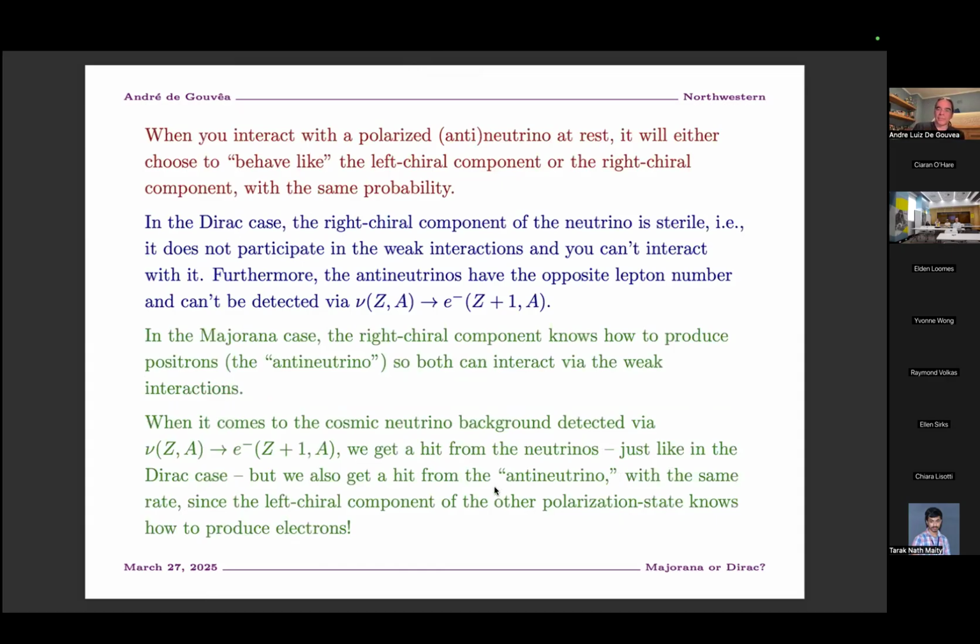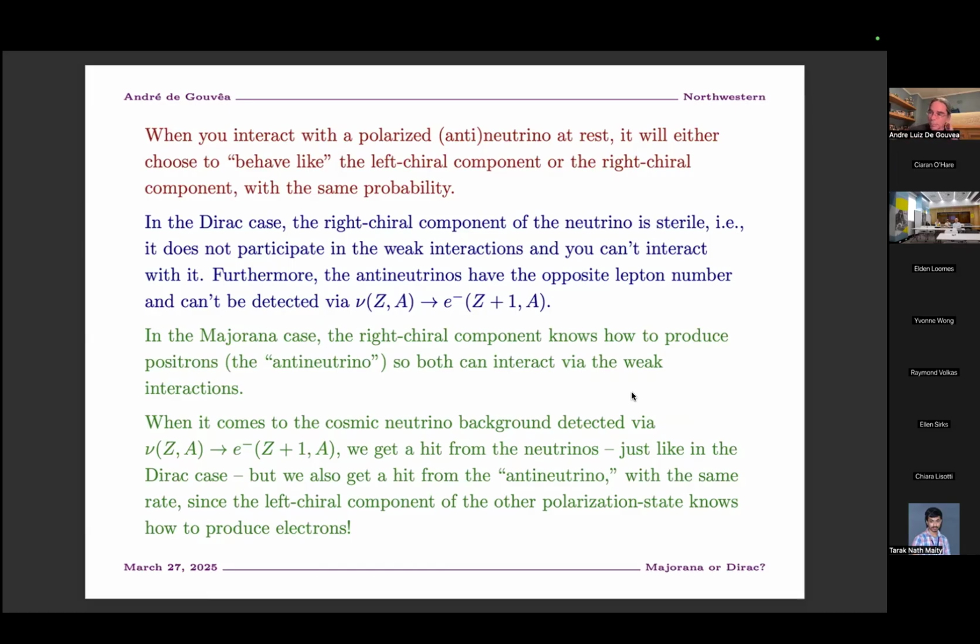If I want to describe the neutrinos in the cosmic neutrino background, I can say that half of those neutrinos are going to be of left-handed helicity. And by the way, even though they're non-relativistic, they maintain their helicity as they cool down because they don't interact with anybody since they were ultra-relativistic. So approximately half of them are left-handed, approximately half of them are right-handed.